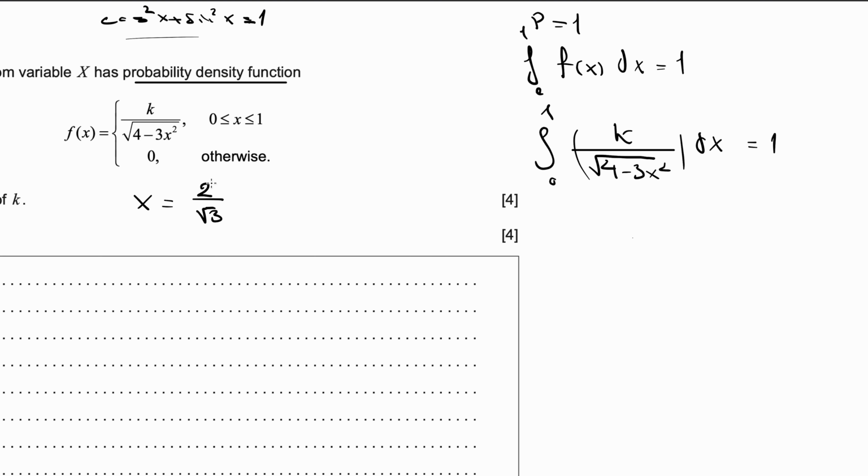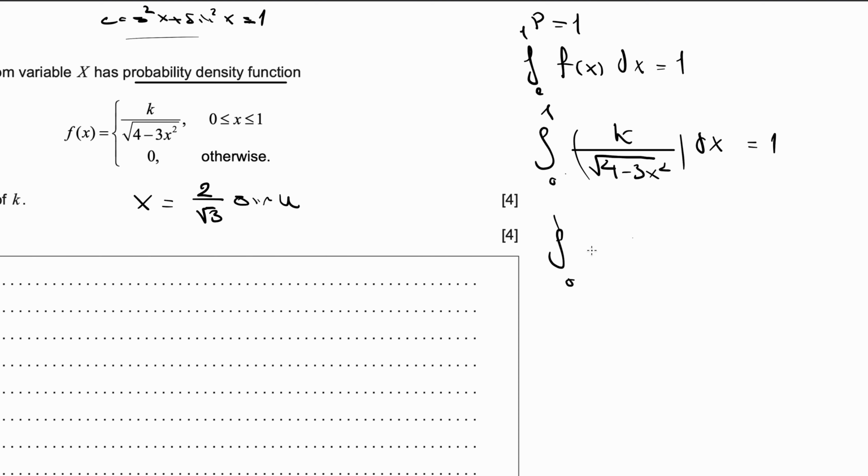When you square it, the 2 is going to be a 4, so you can factor out the 4, and the radical 3 in the denominator is going to be 3, which will cancel out with the 3 right here. So x equals 2 over radical 3, and let's go with sine of u.